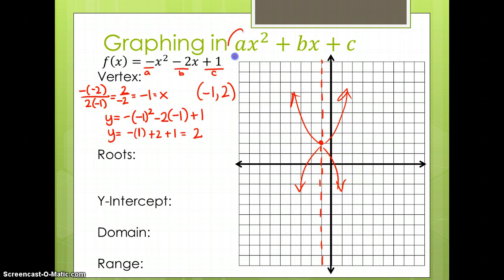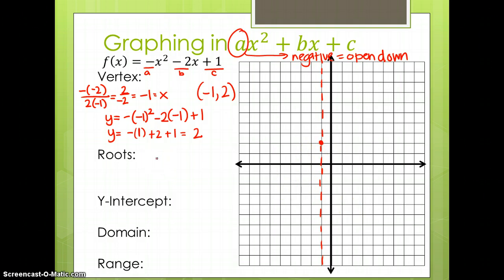The a value tells you if it's negative, which in this case it is, that means it's opening down. Its transformation is that it's flipped over the x-axis, so it's going to be opening downward.